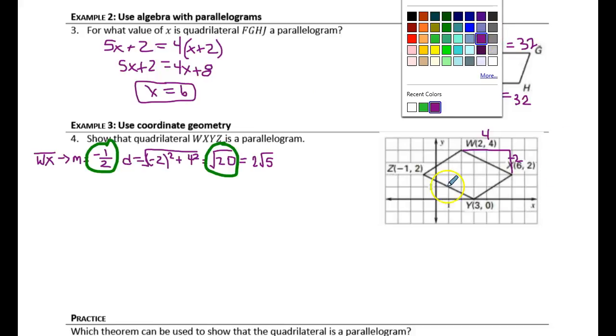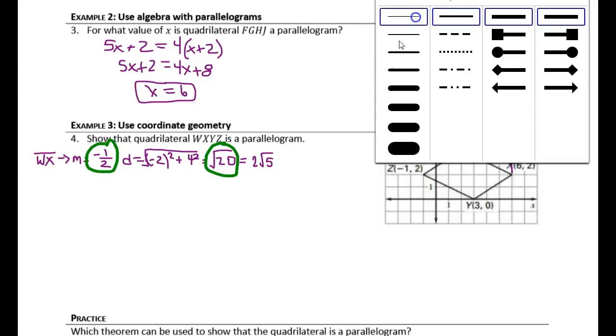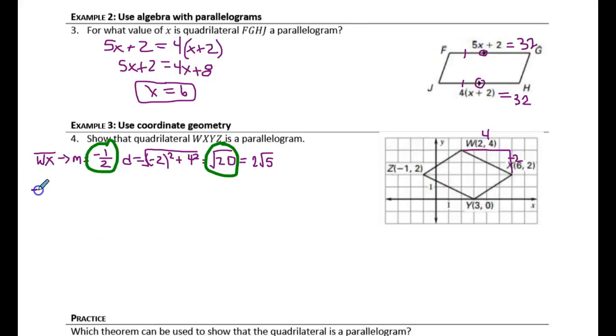So now I'm going to do ZY. So ZY, my slope is down 2 over 4, 1, 2, 3, 4.